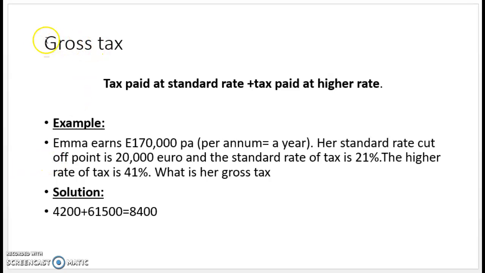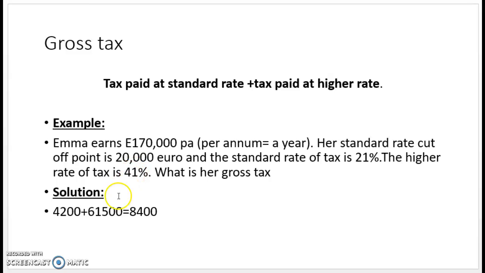So then what is her gross tax? How do we work it out? Well, the gross tax is the tax paid at the standard rate plus the tax paid at the higher rate. So here we're looking at the same question again. It's Emma with her €170,000, standard rate cut-off point is €20,000, standard rate of tax is 21%, higher rate of tax is 41%, which we've done in the last two slides.